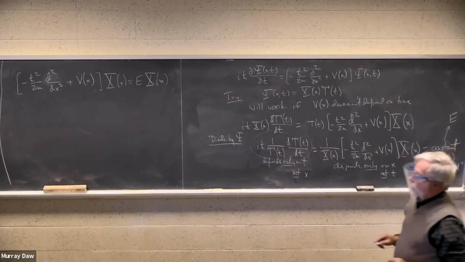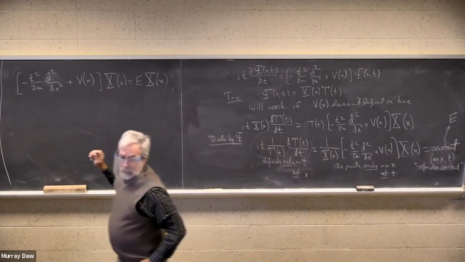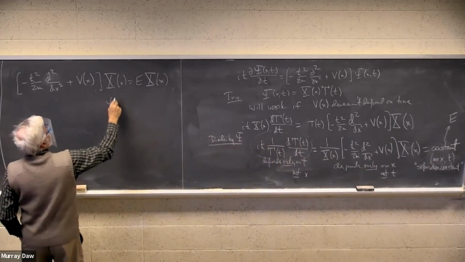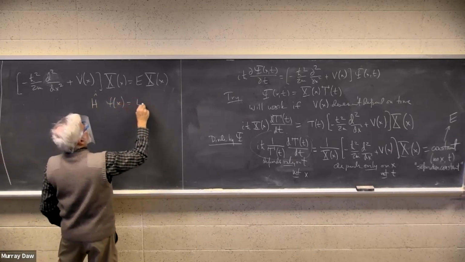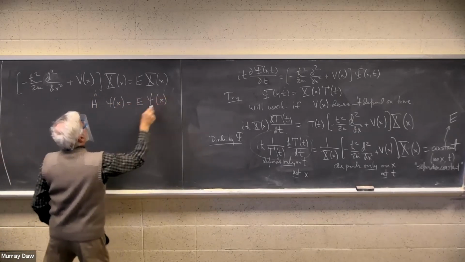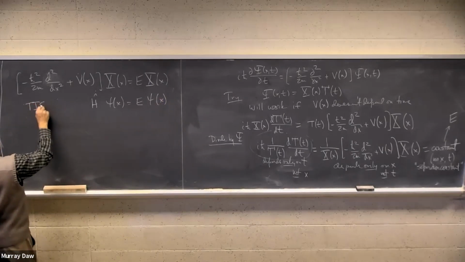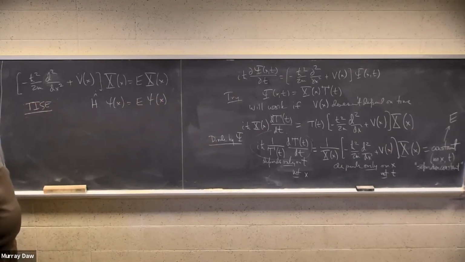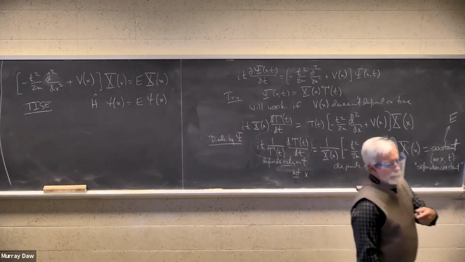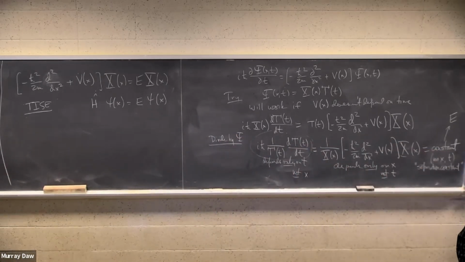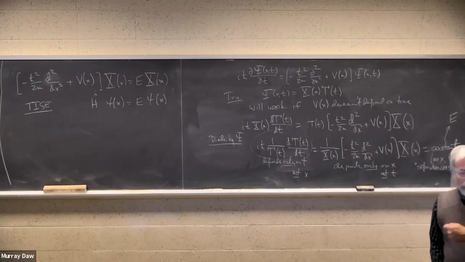The time independent Schrodinger equation, with the function we call psi. Right, because we got to the time independent Schrodinger equation by positing the pure mode solution. We tried a pure mode solution, and it came out as the time independent Schrodinger equation.